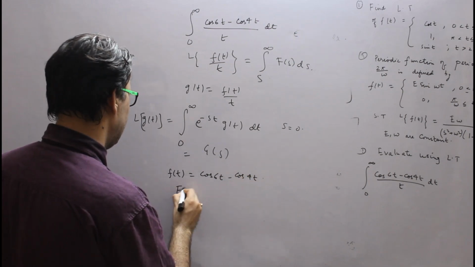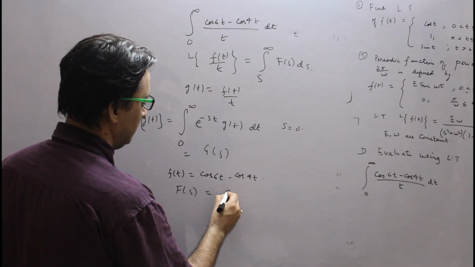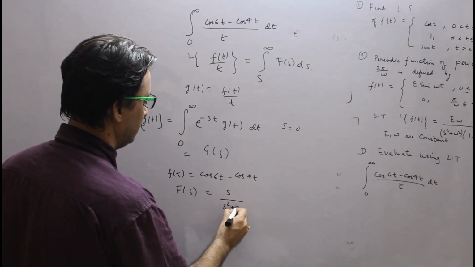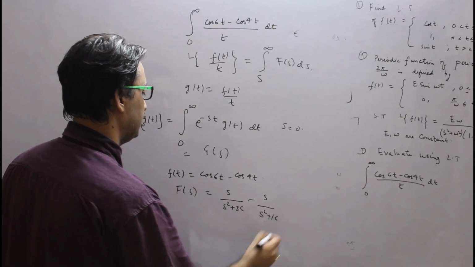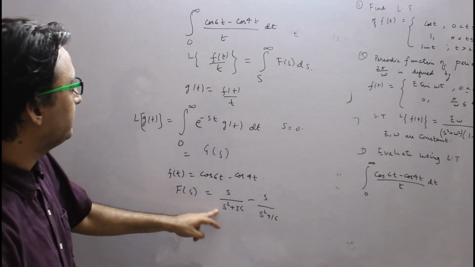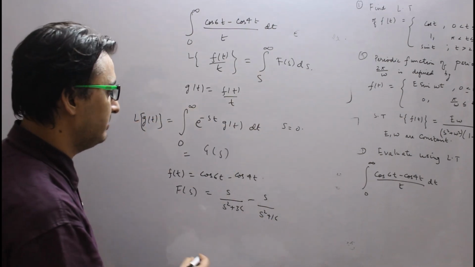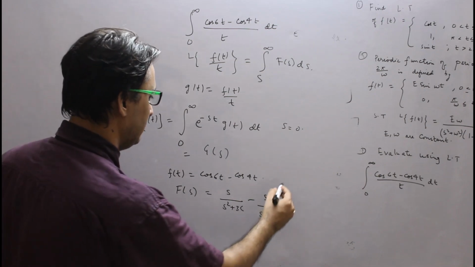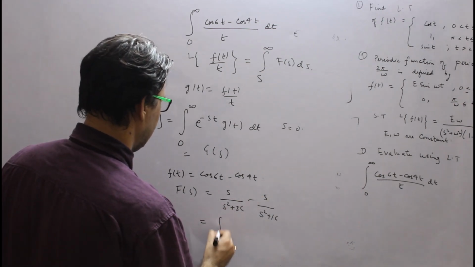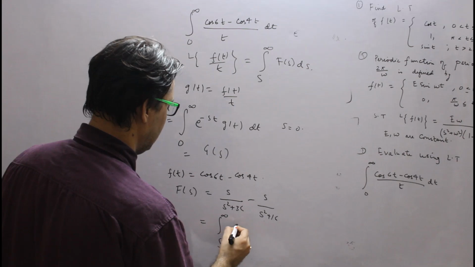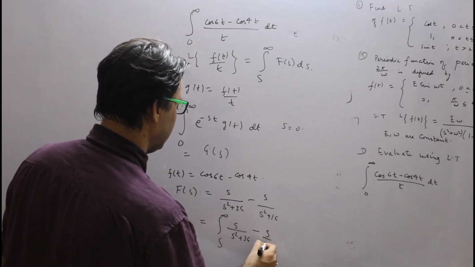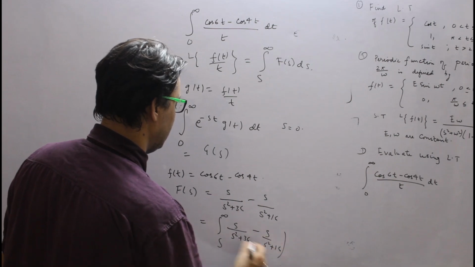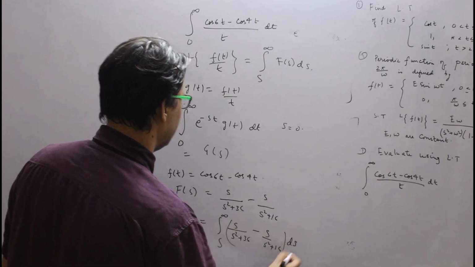So if you invoke the Laplace transform, what is going to happen? s by s square plus 36 minus s by s square plus 16. All we have to do, integrate it here. So when we integrate, what is going to happen? We get it as s to infinity s by s square plus 36 minus s by s square plus 16 ds. You can evaluate this integral.